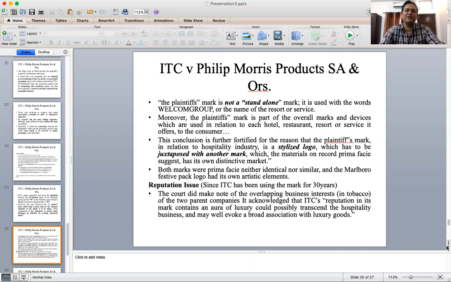The court did make note of the overlapping business interests in tobacco of the two parent companies. It acknowledged that ITC's reputation and its mark contains an aura of luxury, could possibly transcend the hospitality business, and may well evoke a broad association with luxury goods. That the court endorsed.